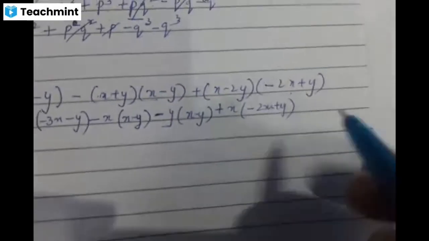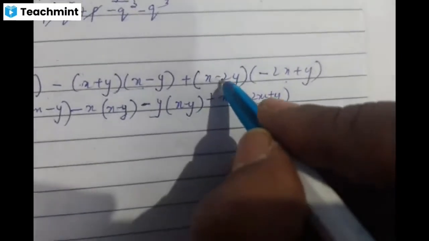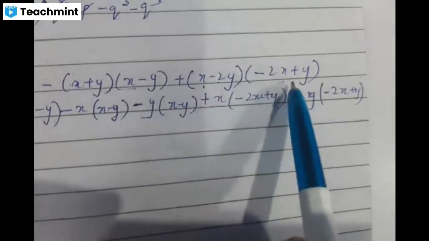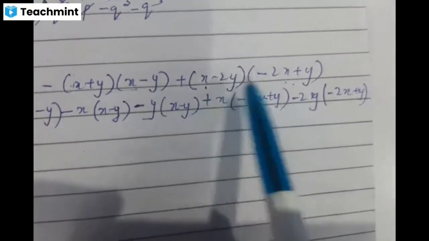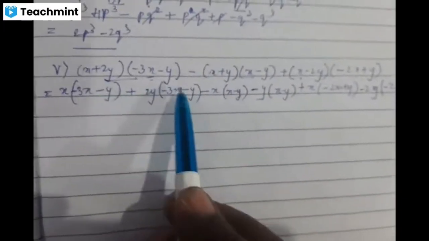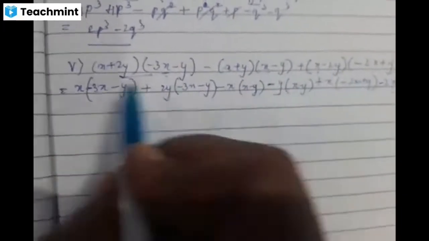Then plus x into second bracket minus 2x plus y, and this second term minus 2y into second bracket, that is minus 2x plus y. So you have to complete the method for all the pairs of the binomials.